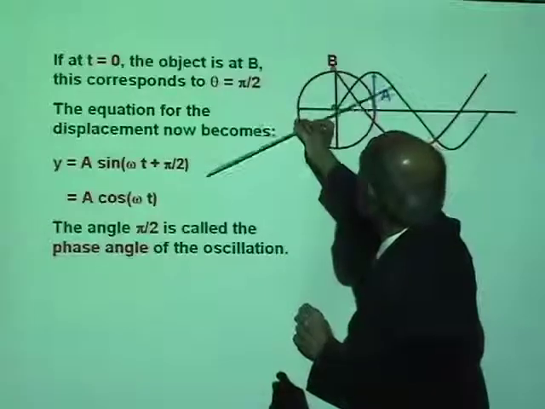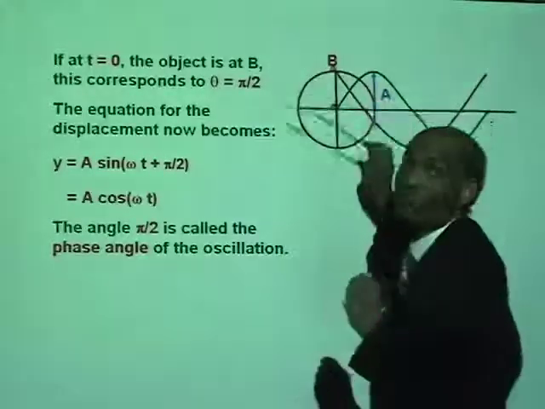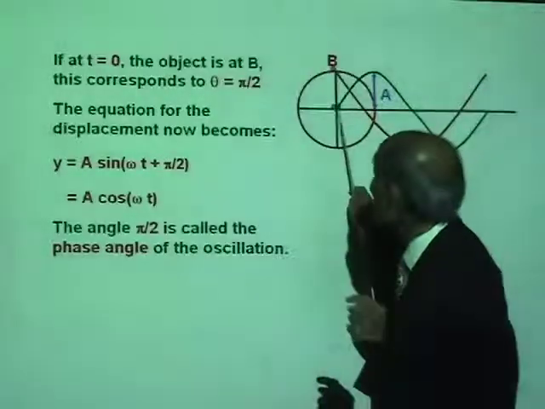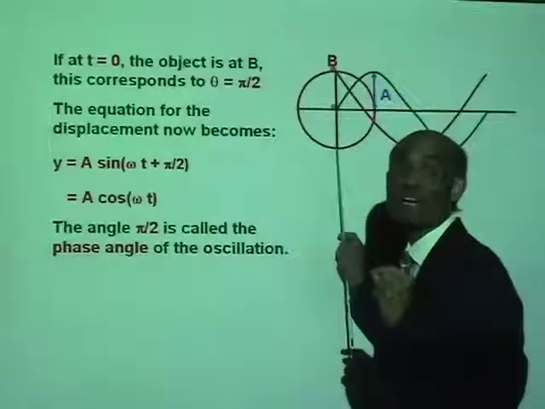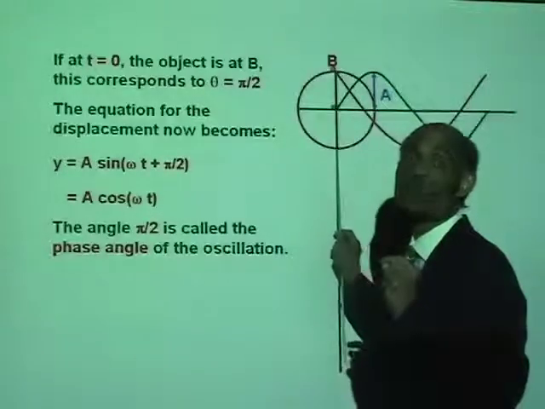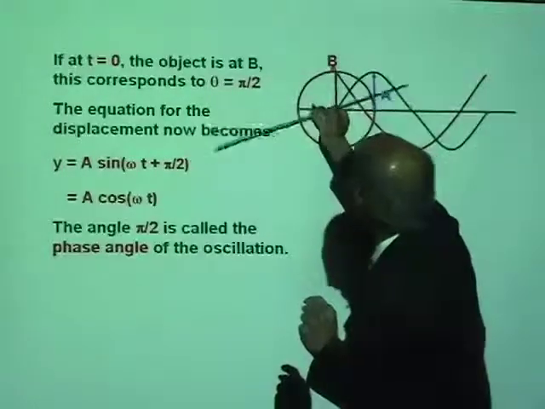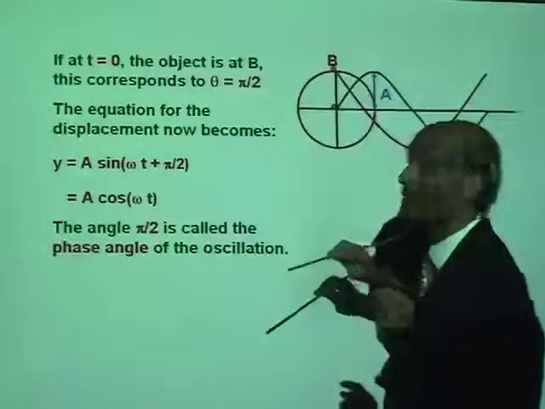That means the angle has now become pi. The phase angle at that time is pi. What happens when you start the clock? The object is at the lower extreme. What is the phase angle then? The phase angle will be 3 pi by 2. That's right.